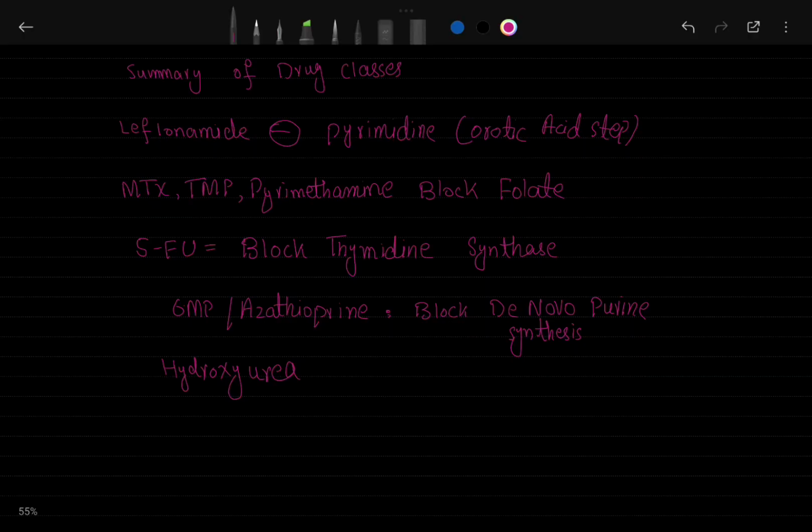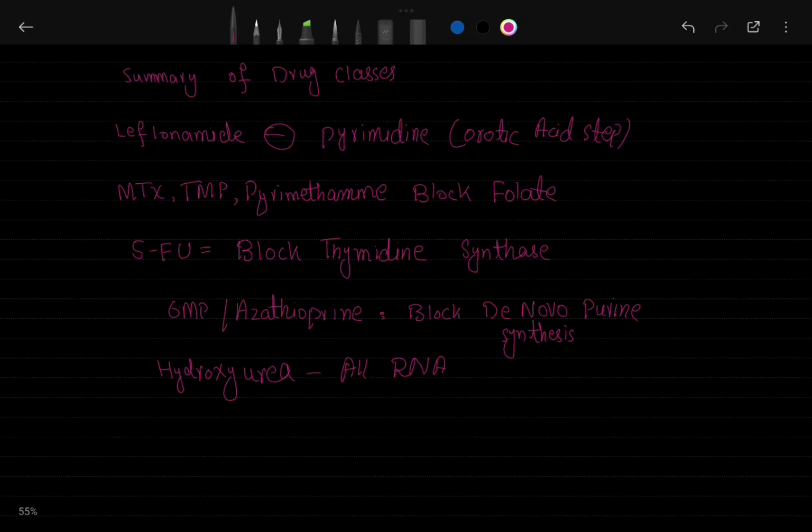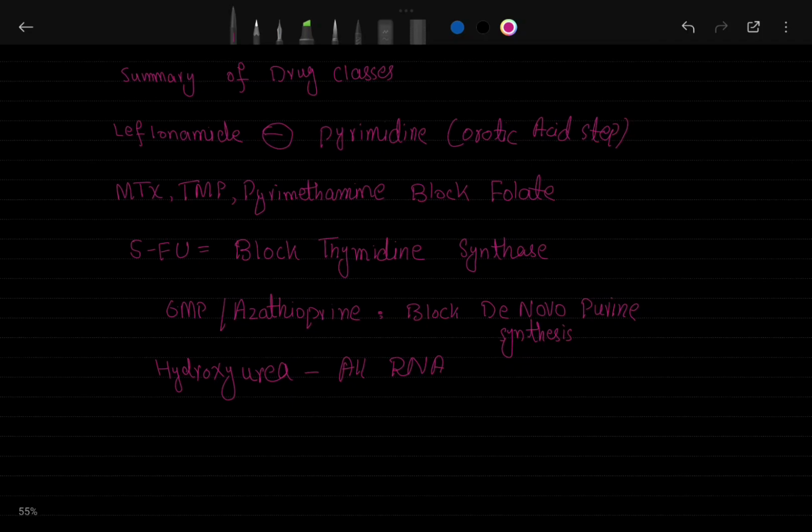So this was the summary of drug classes: leflunomide, methotrexate, trimethoprim, pyrimethamine, 5-fluorouracil, 6-mercaptopurine, azathioprine, hydroxyurea.